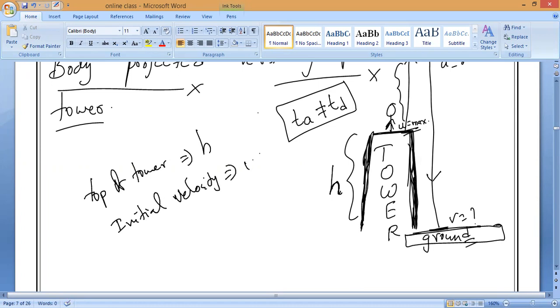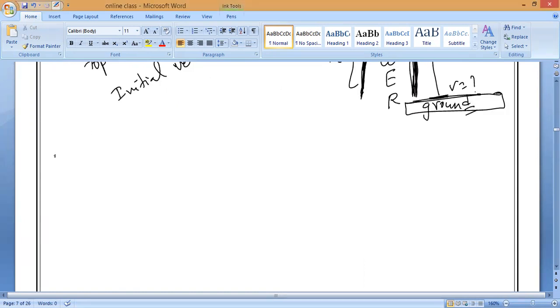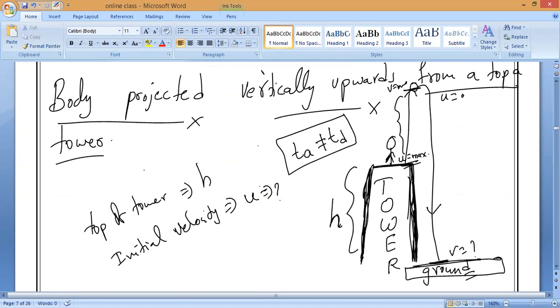Now we want to find the distance traveled after a certain time t. This is the displacement. The height of the tower you already know, so further we need to know the maximum height.